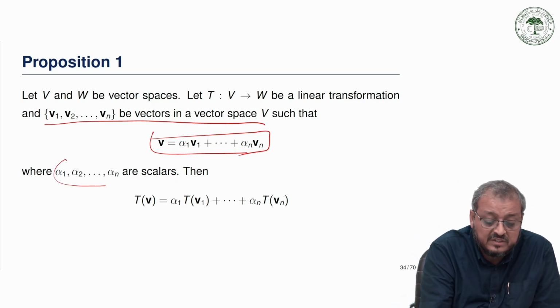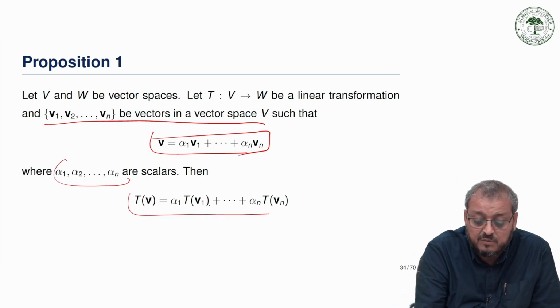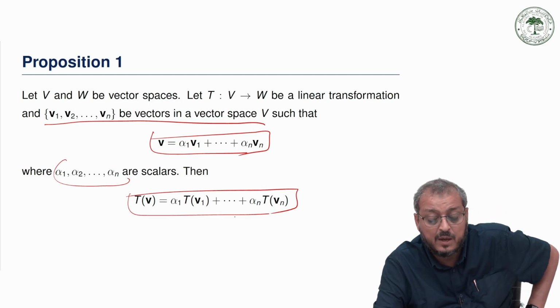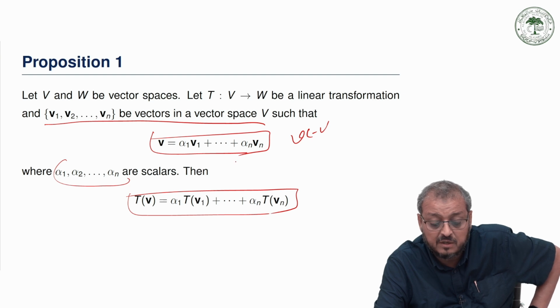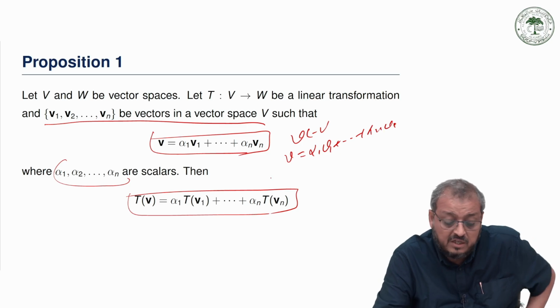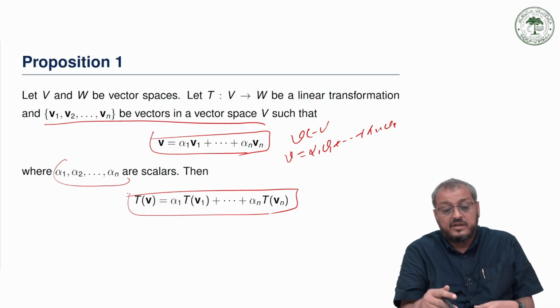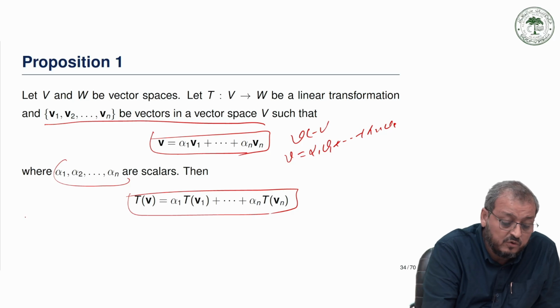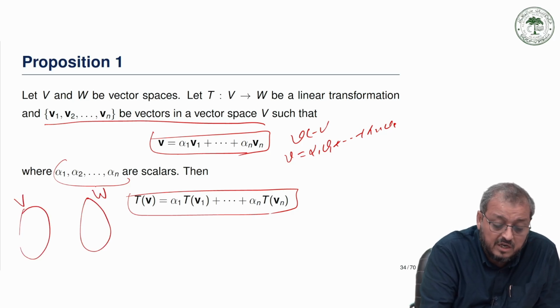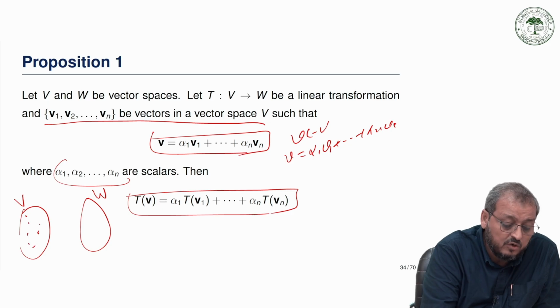So if alpha and beta are scalars, then T of v can also be written in this form. That means if v is an element of V, and v can be written as a finite linear combination alpha 1 v1 plus so on alpha n vn, then T of v can also be written as a linear combination. What we have to do is like this: we have V, and this is W, and the elements of this are v1 and v2.